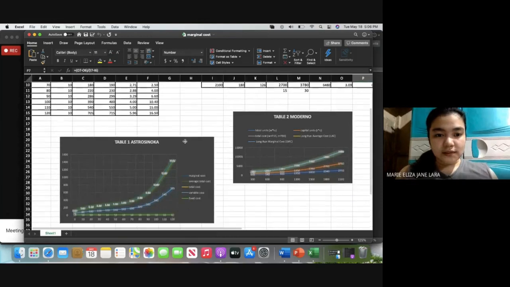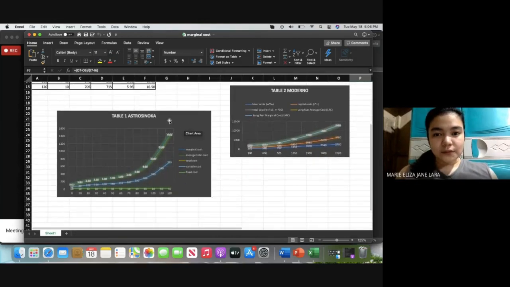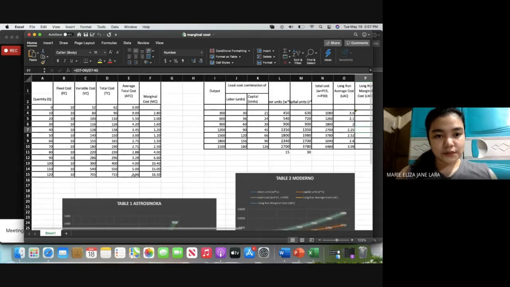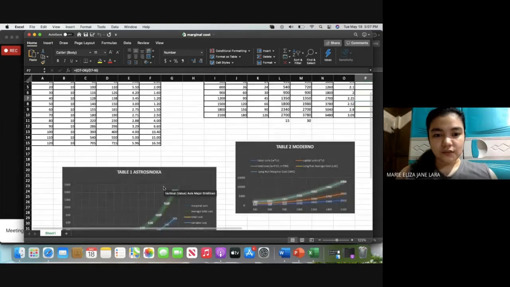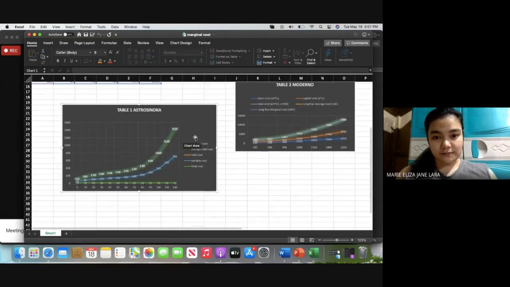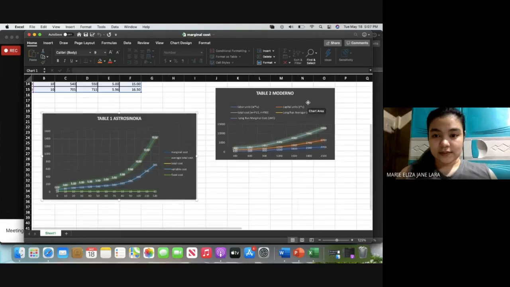For the tables, I just input all these values into the data selection for the tables, and it did the work for me by creating this graph. Same with this one.